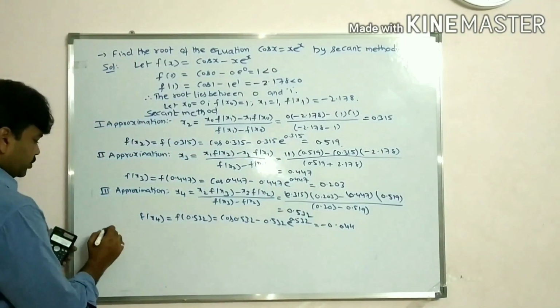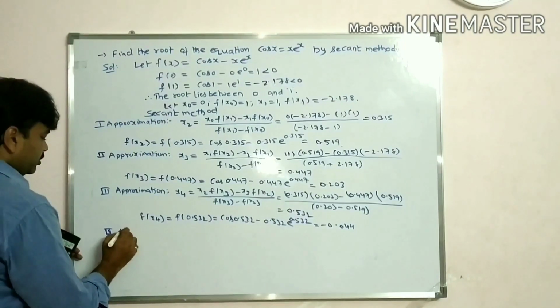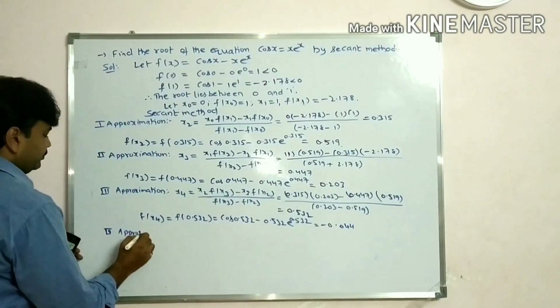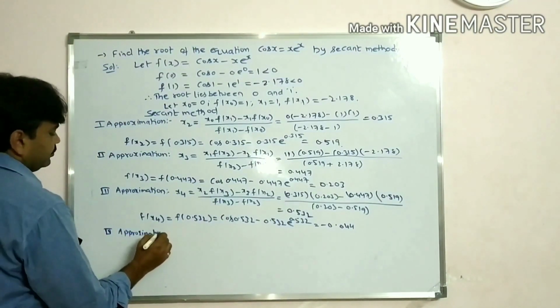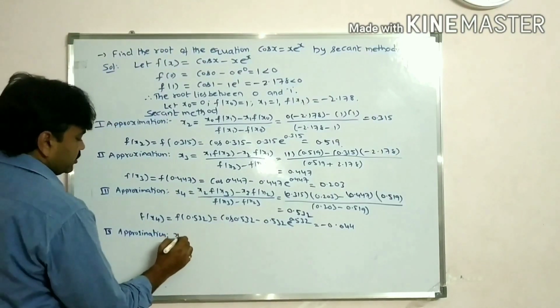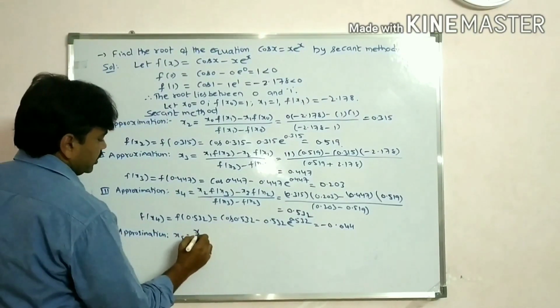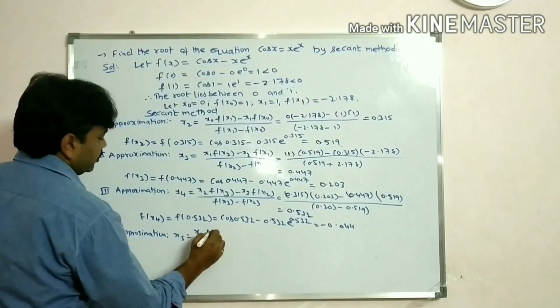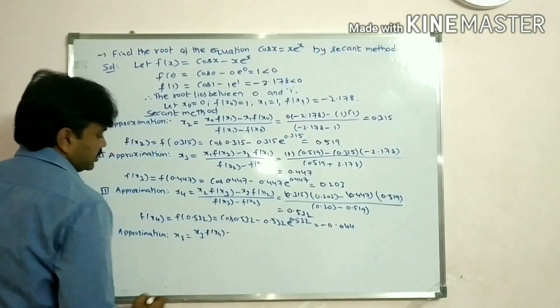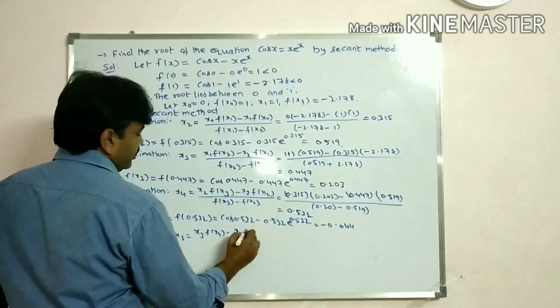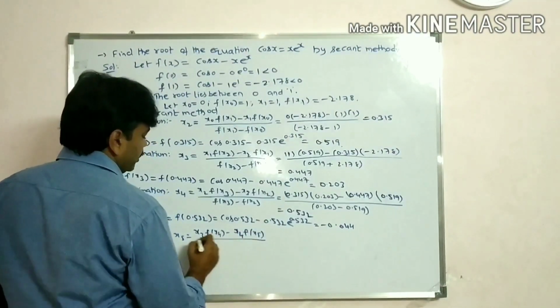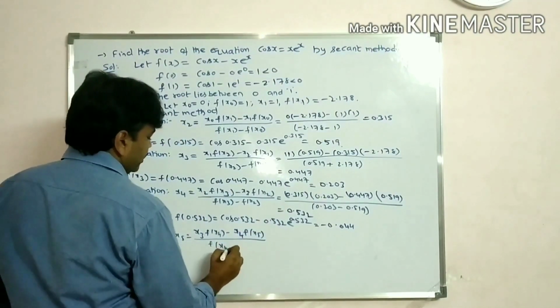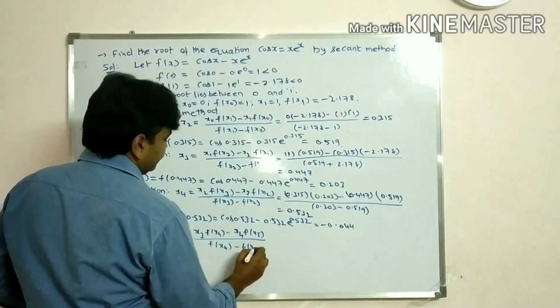So fourth approximation x5 is equal to x3 f of x4 minus x4 f of x3 divided by f of x4 minus f of x3.